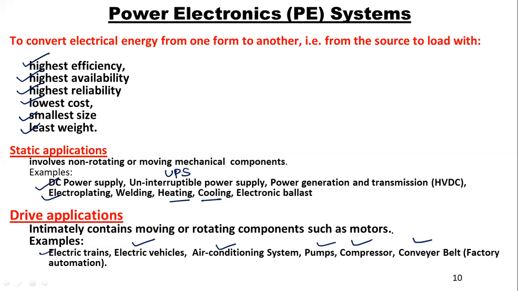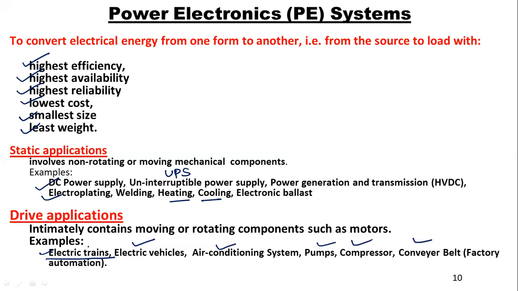There is no place where we cannot use a power electronic system. Like electric trains, I will explain when I talk about different types of converters.